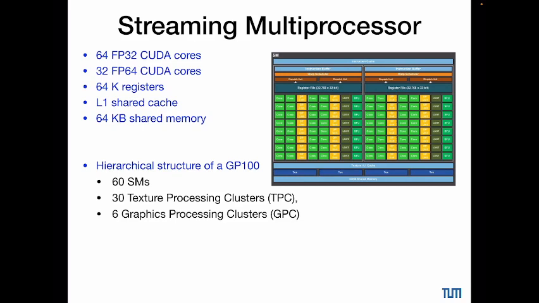Looking at the streaming multiprocessor, it's again a very regular design, right? We have 32 floating point 64 CUDA cores. These are the DP units, the double precision units, and then we have 64 floating point 32 CUDA cores. For single precision floating point values, these are the cores here, and you use them as vector processing.